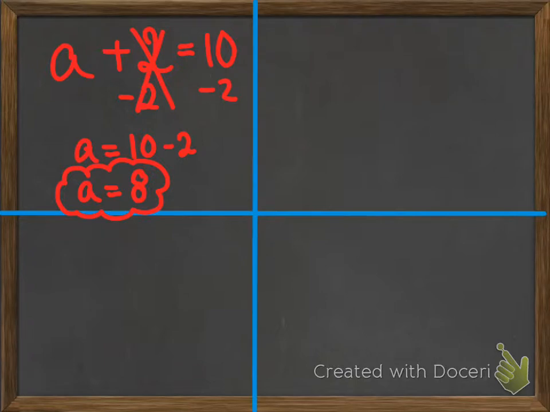Now, because we have already done previous topics like 4 and 5 with addition, subtraction, multiplication, and division of rational numbers, so of decimals and fractions, it's expected that you're able to do that. So if I gave you A + 2/3 = 10/50, it's expected that you're able to do that. If you need to brush up on those skills, that's something you need to do. Similarly, we've already talked about adding, subtracting, multiplying, and dividing positive and negative numbers.